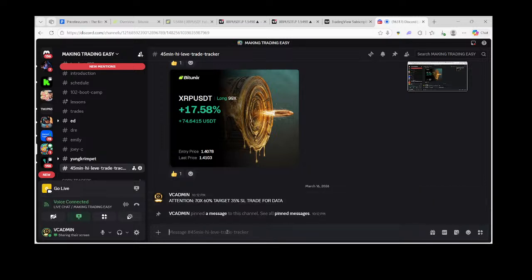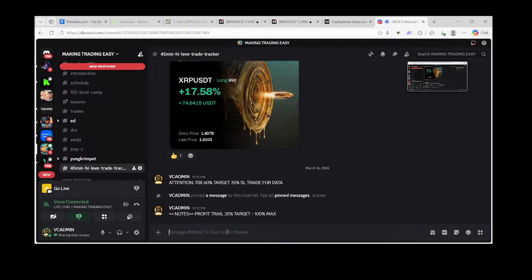Now it'll look like this. Notes: the profit trail is 35% take or target and 100% max.